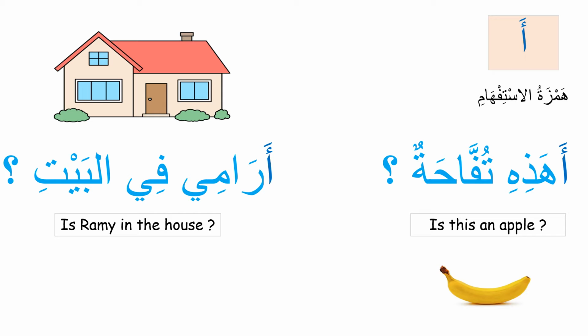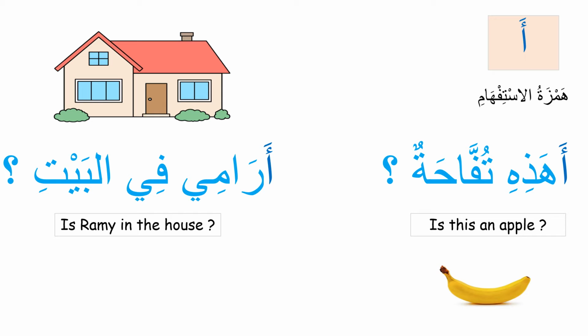No worries please, I'm going to show you how to formulate a question on your own using Hamzatul Istifham shortly afterwards, but let's prioritize answering our very first question, and that was, what makes this Hamza different from any other Hamza in conjunction with the Fatha and sitting on an Alif? You didn't lose your train of thoughts, did you? Right. Keep an eye on the examples please. Our examples are أهذه تفاحة؟ أرامي في البيت. As you can see, the question word, i.e. Hamzatul Istifham, comes first.